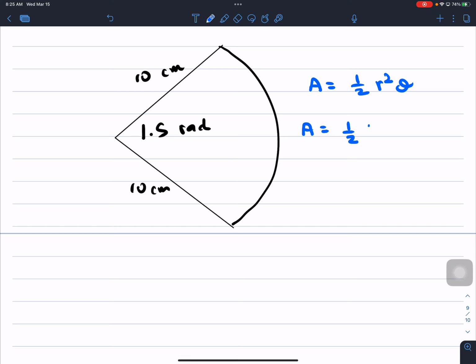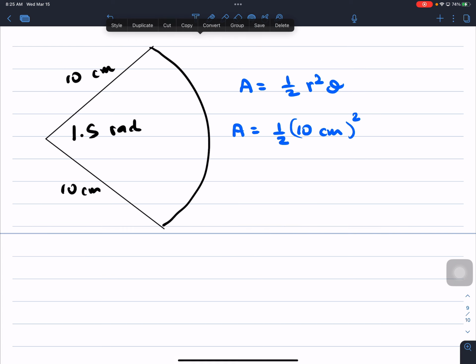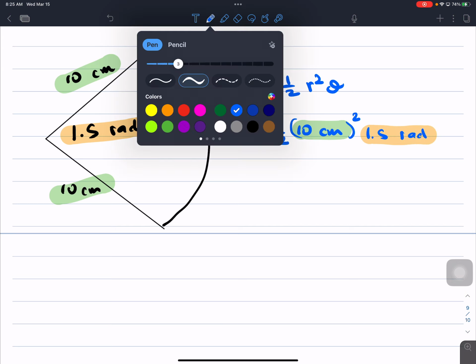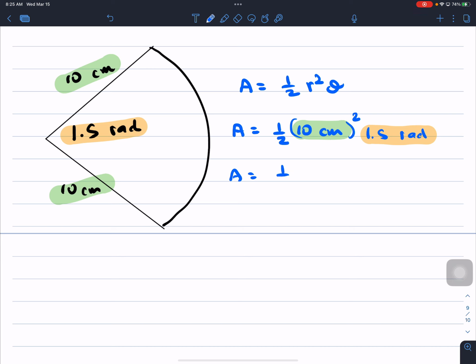What's r? You say, do I put 10 centimeters squared? You can. What's the angle? Right? What's your angle, ladies and gentlemen? The angle is going to be what? Is that 1.5? Radians. (1/2)(10 squared centimeters squared)(1.5 radians).